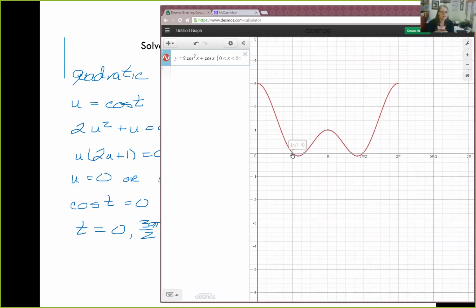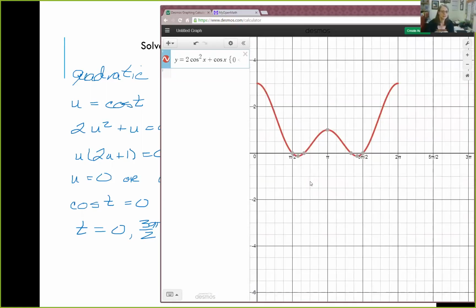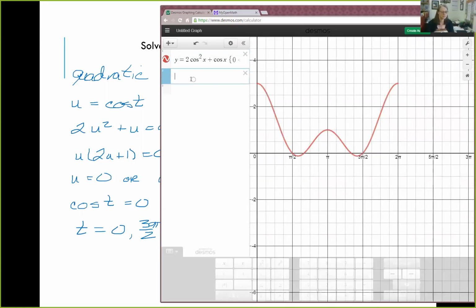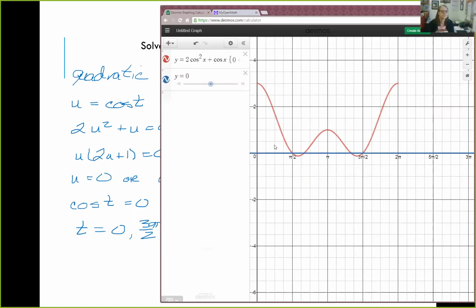And you can see we've got a solution here, because we're looking for where this equals 0. So we can put on the line y equals 0 and look for intersections. And we'll find one here at pi over 2.